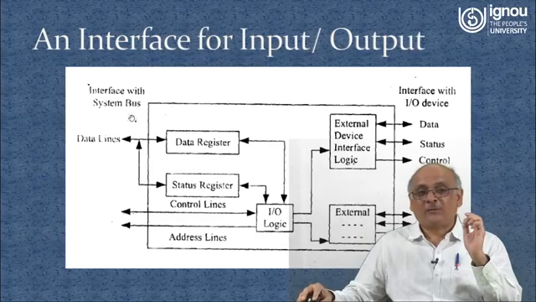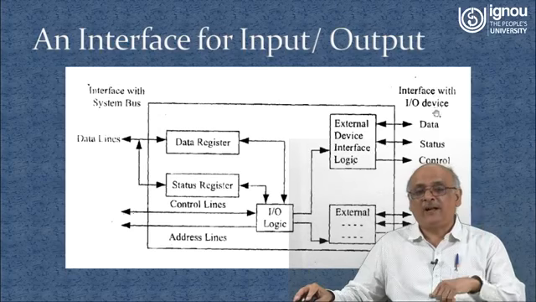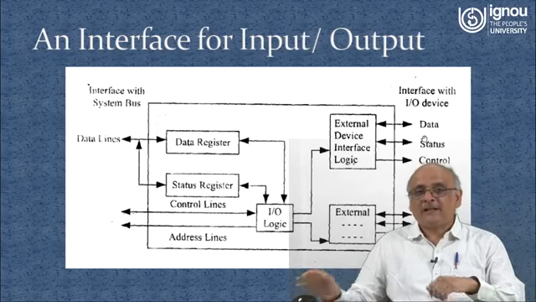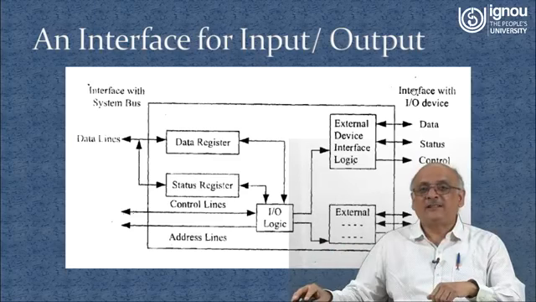So we have an interface with the system bus controlled by the CPU, and on the other side an interface with the IO device. You need some kind of input-output controller which works at the speed of the CPU but smoothens out the speed gap between the two.